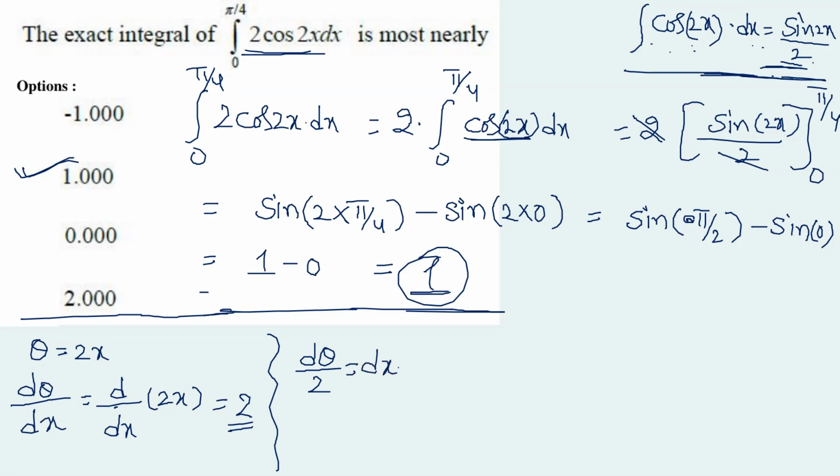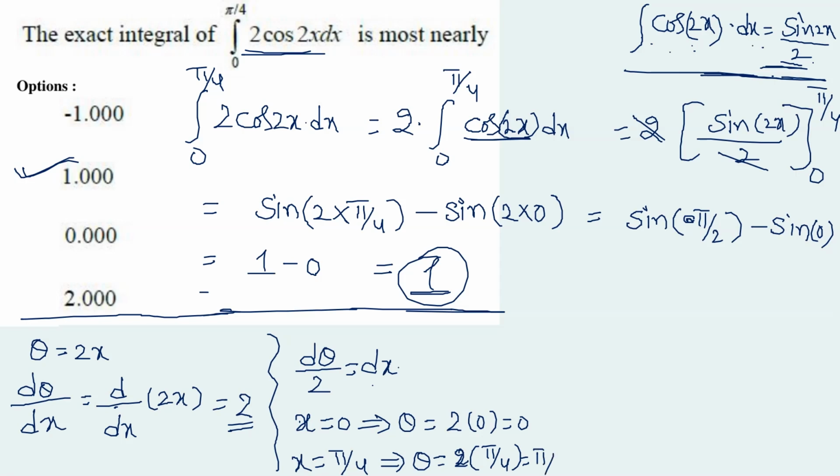Now let's change the limits from x to theta. When x is equal to 0, theta is 2 times 0, that is 0. And when x is equal to pi by 4, theta is 2 times pi by 4, that is equal to pi by 2.